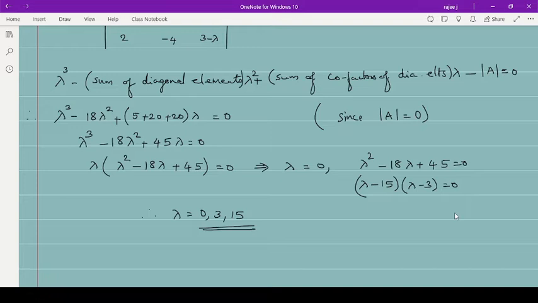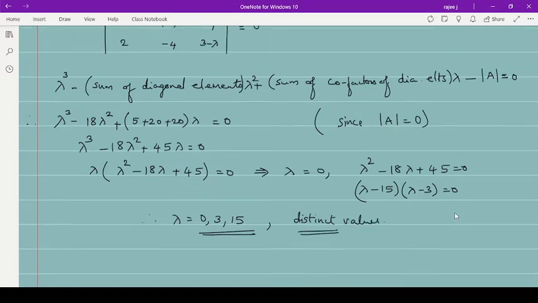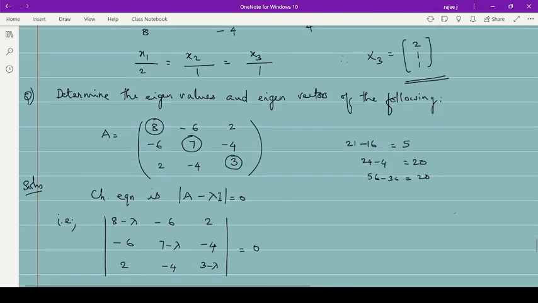These are the distinct values, three different values. Now if you look at this matrix, what is special about it?